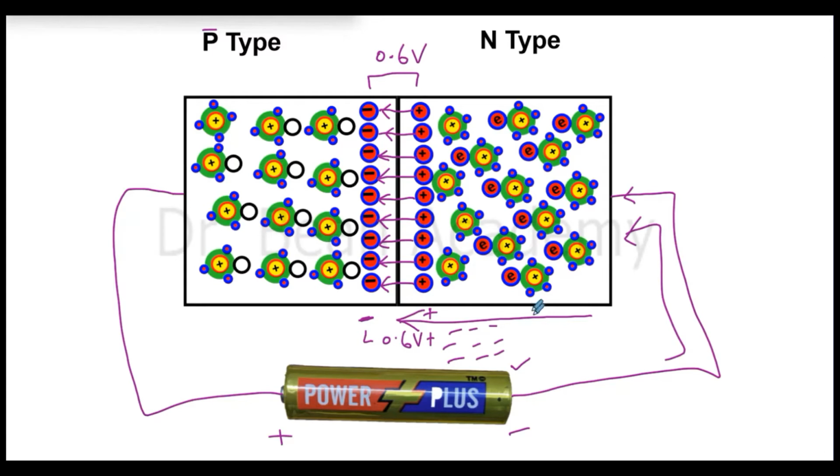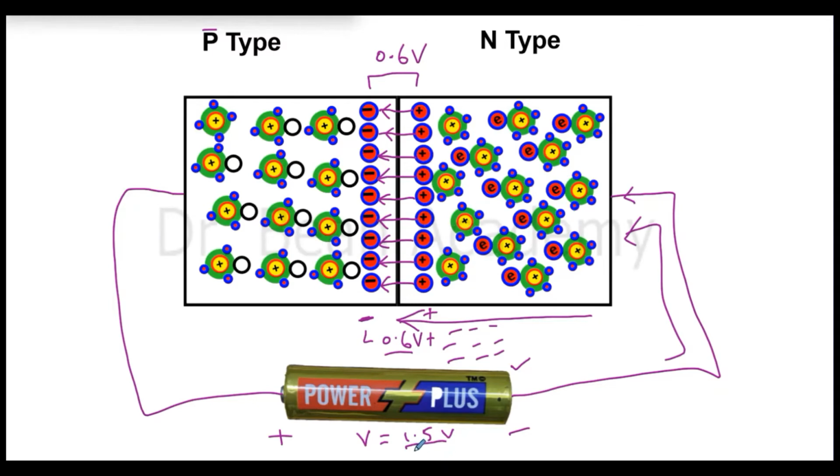But now it depends on the voltage of this battery. The voltage of this battery is usually 1.5 volts. So now what do you think will happen? This 1.5 volts is greater than 0.6 volts, which is the potential barrier of a silicon PN diode. We sometimes give it the name diode or a PN junction.